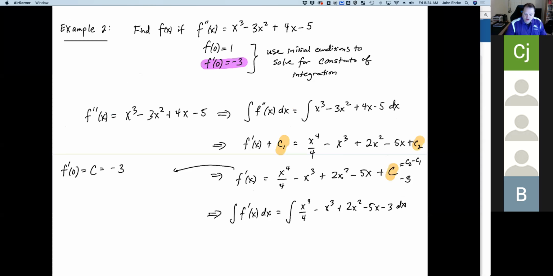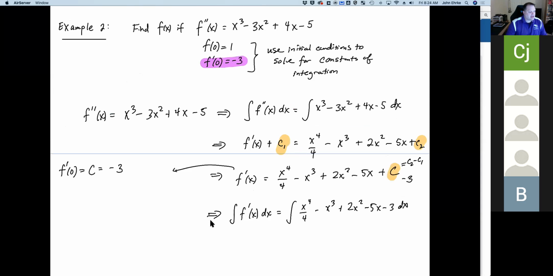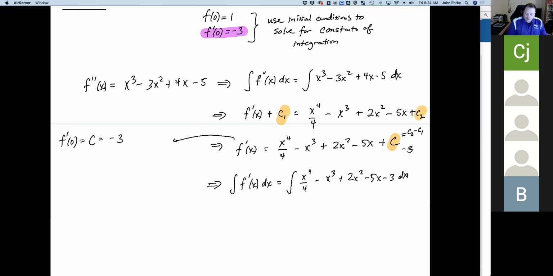But I'm trying to talk through the idea behind all of this so that once we get to Cal 2, it's a little bit better for you. But yeah, you don't need to show all these steps. Over here on the left-hand side, the antiderivative of f prime is just f. Once again, I would produce a constant there. I'm going to ignore that and just do one constant at the end.